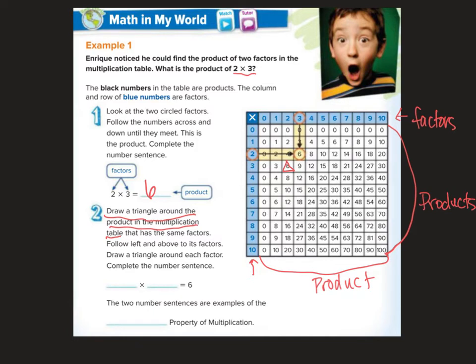I could do 3 times 2 is 6. The 2 number sentences are examples of the commutative property of multiplication. It's the flip-flop property. 3 times 2 equals 6, and 2 times 3 equals 6. So I'm supposed to also put a triangle here. Triangle, triangle, because we did circles and triangles. That's what they're going for there. All right, let's keep going.